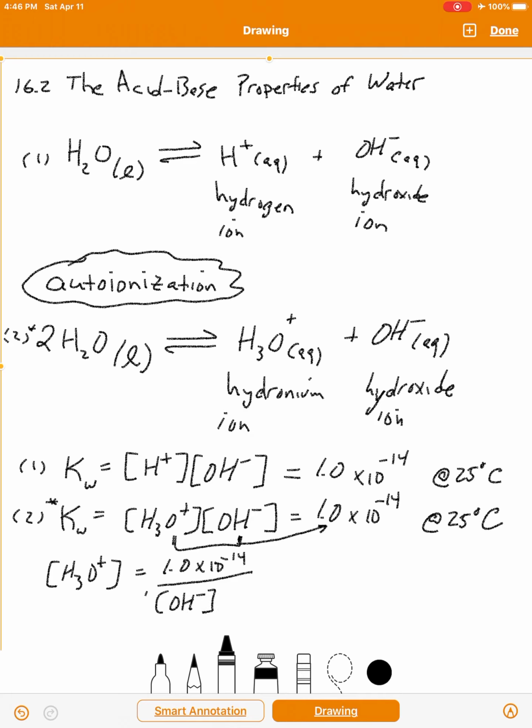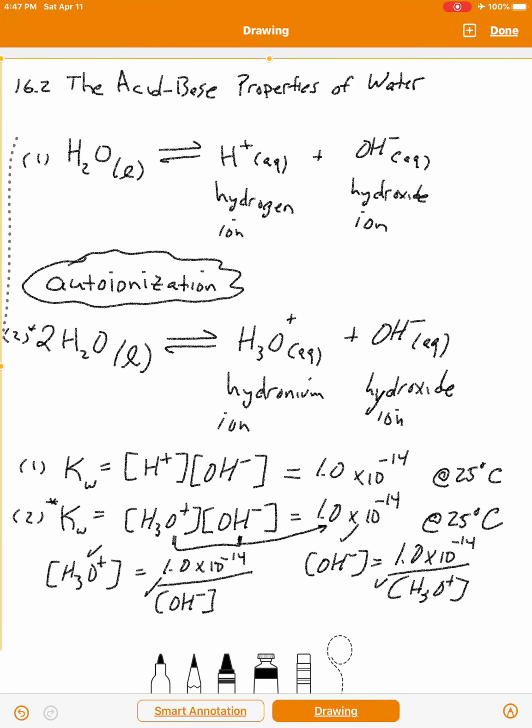What that means is if you know the hydroxide concentration, you can calculate the hydronium concentration. Likewise, if it's the opposite, if you know the value of the hydronium concentration, you can use this expression. So if you know the hydronium concentration, you can figure out what the hydroxide concentration is.